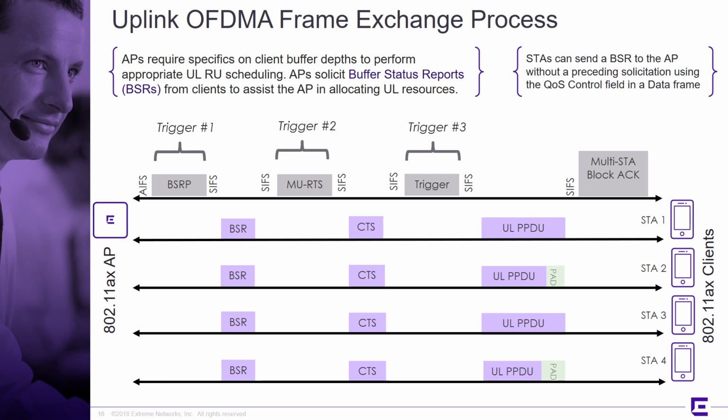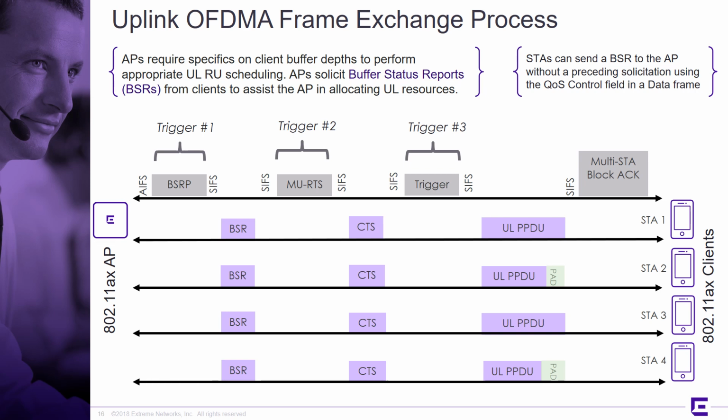That pad is simply bogus data, but that allows them to constantly transmit. And of course, they indicate that it's pad information, but they are all required to transmit for the same length of time. They may be using different spatial streams, different modulation, and many other things, but they have to transmit for the same amount of time.